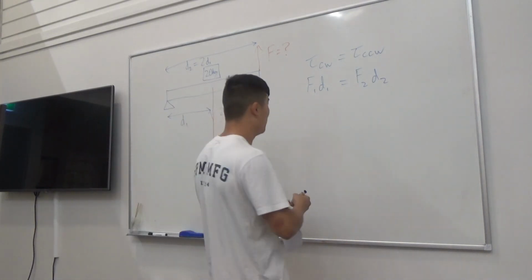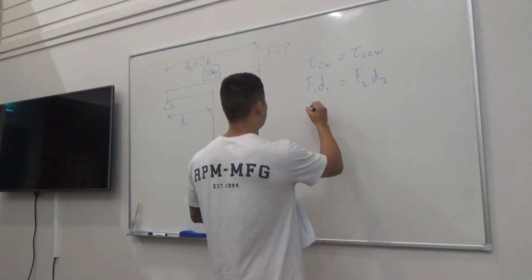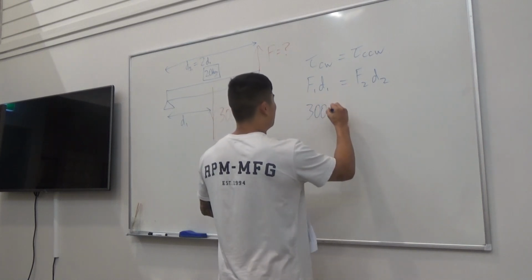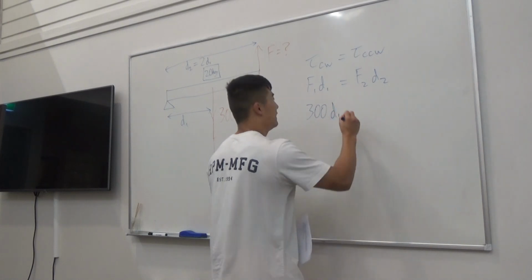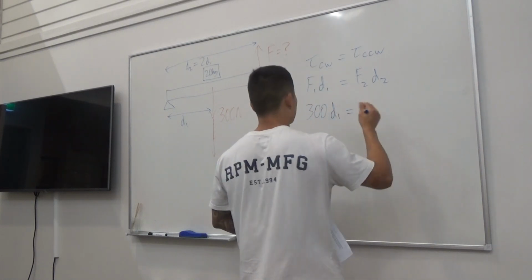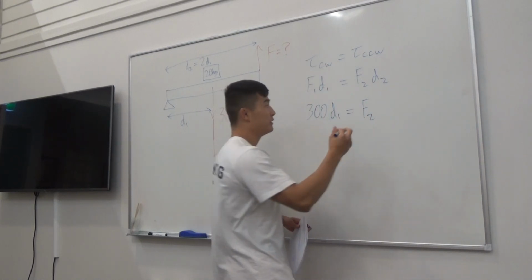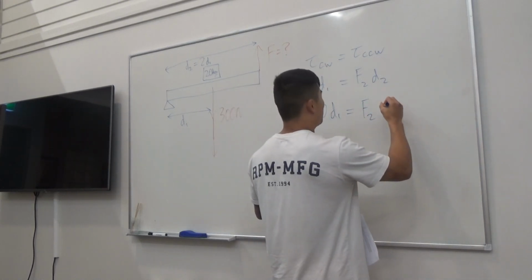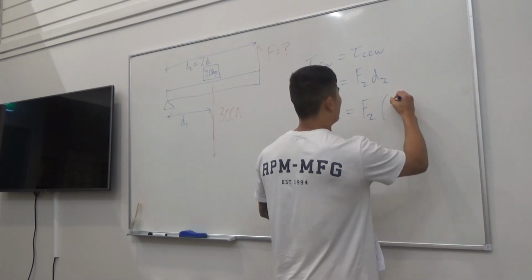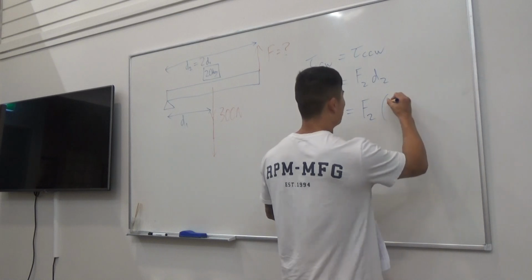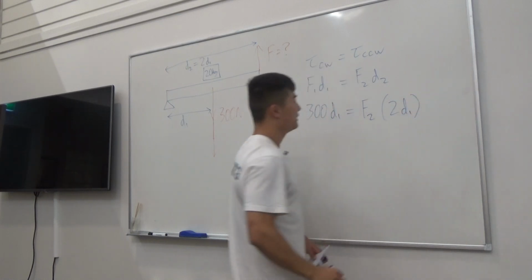So in our equation, we're just going to put that in now. So force 1 is 300 newtons times D1. And then force 2 is unknown, so we'll just leave that as F2. And that's going to be multiplied by D2, which is 2 times D1, okay?